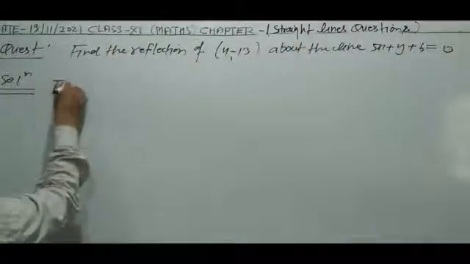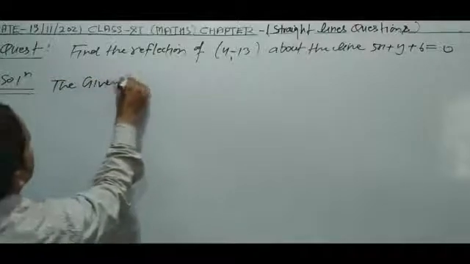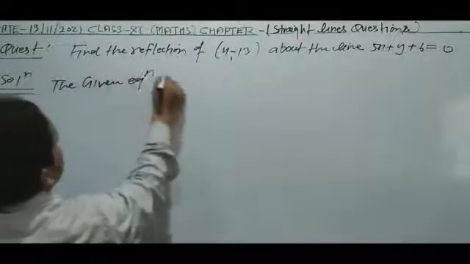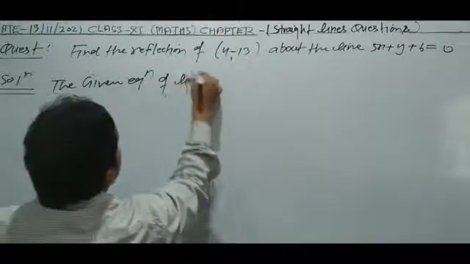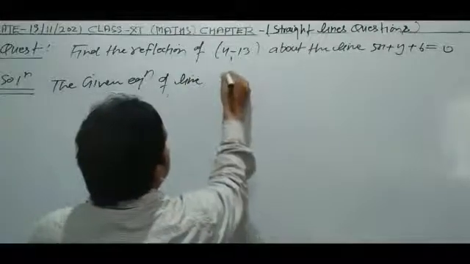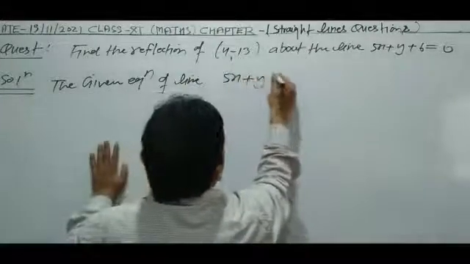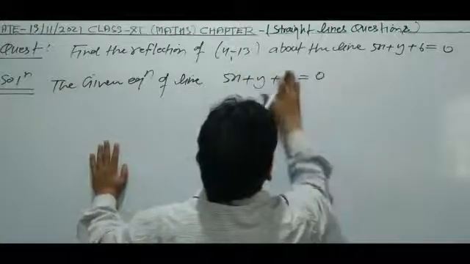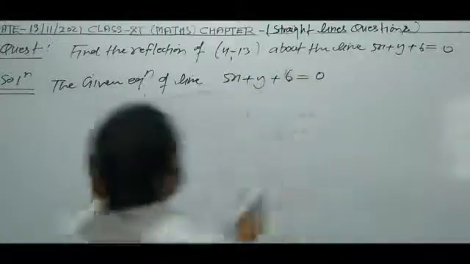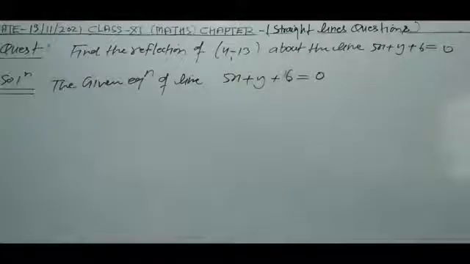The given equation of the line is 5x plus y plus 6 is equal to 0. Is it clear?